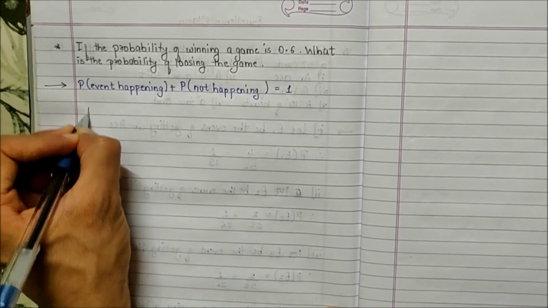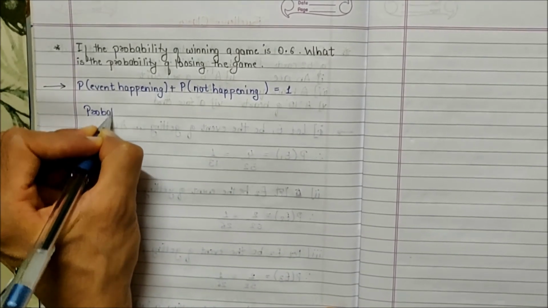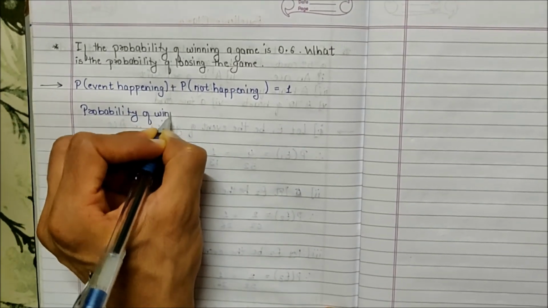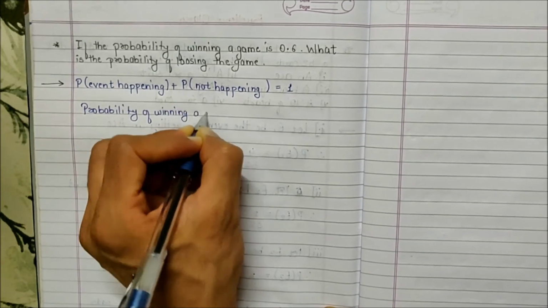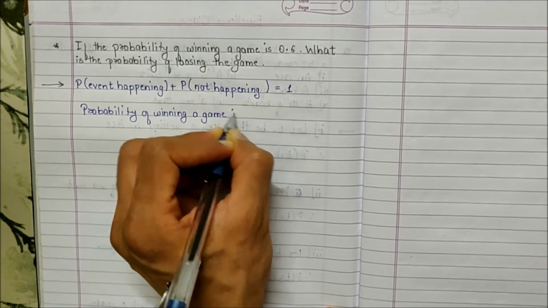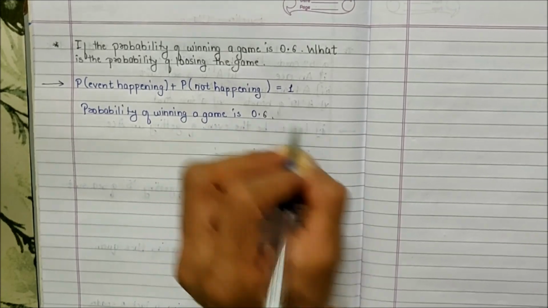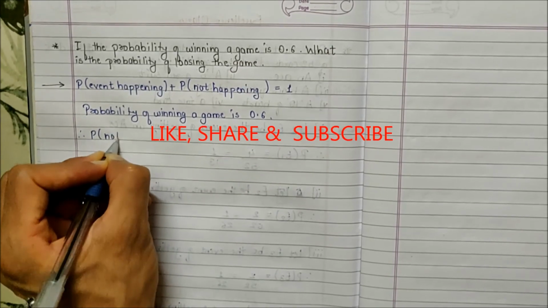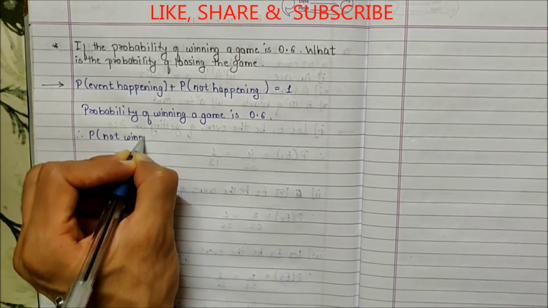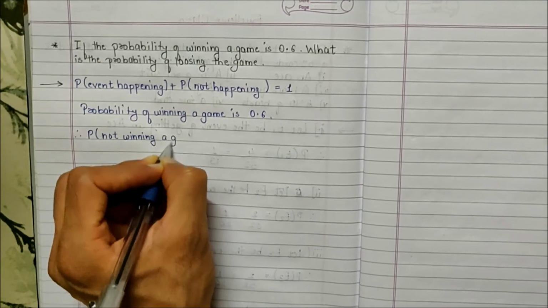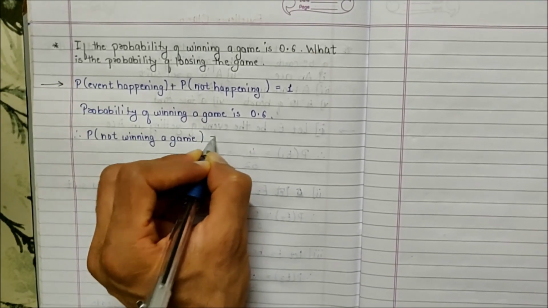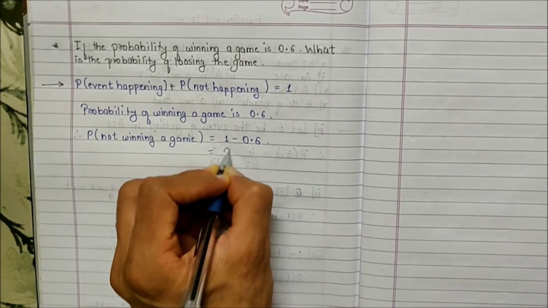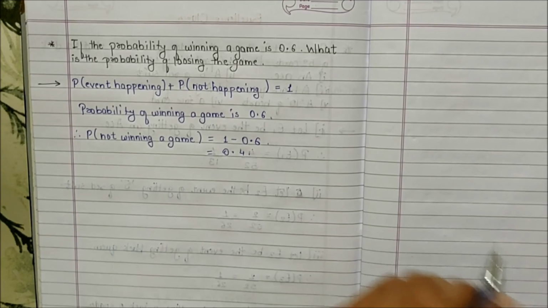So in this case, probability of winning a game is 0.6. Therefore probability of not winning a game will be equal to 1 minus 0.6, which is equal to 0.4.